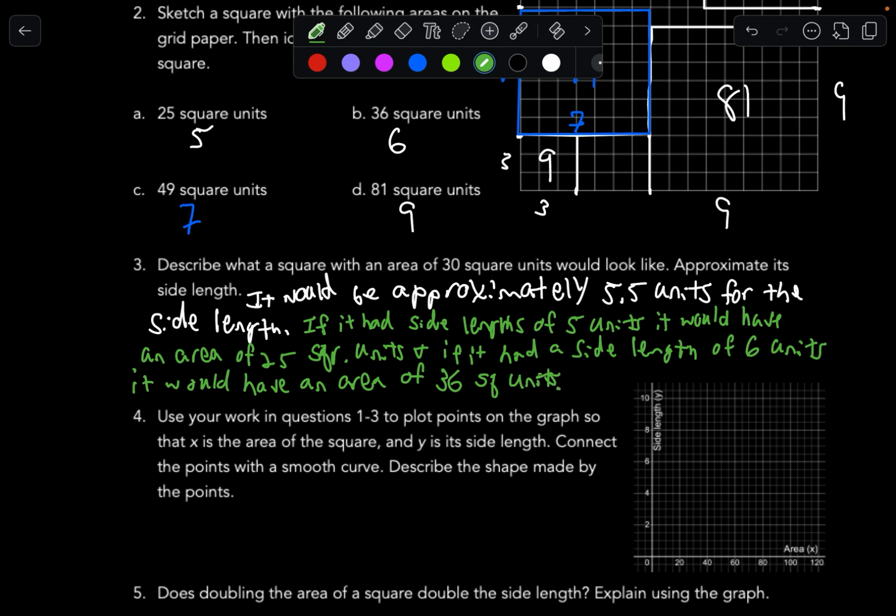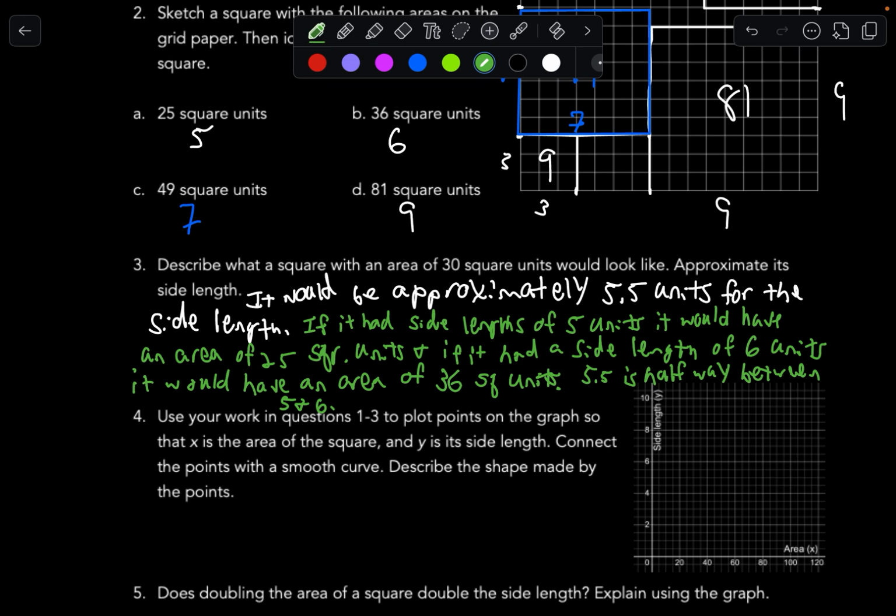Note 5.5 is halfway between 5 and 6. And as you can see, 30 is roughly halfway between 25 and 36, roughly.